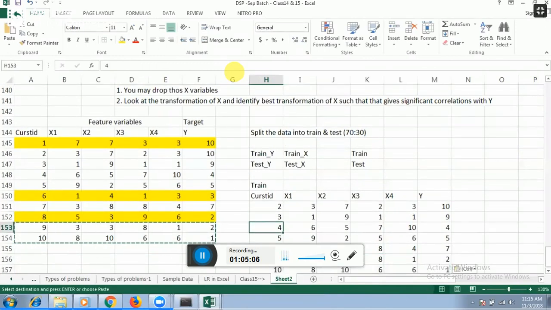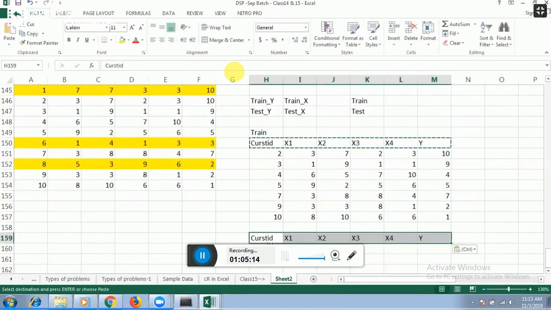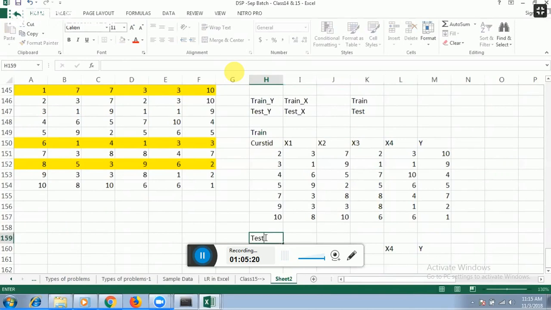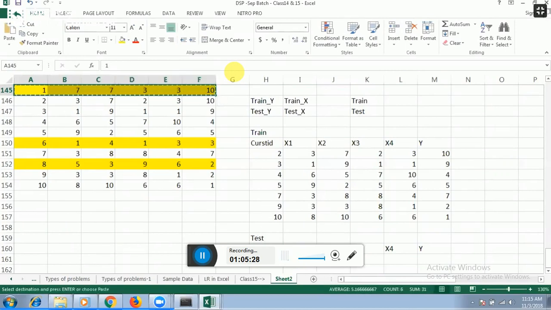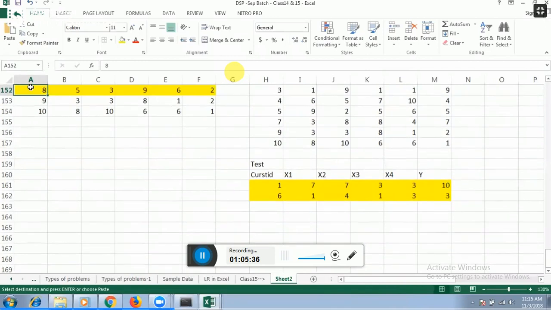And what is your test data? So in this case, this is my first. Correct or not? So this is my train and test.